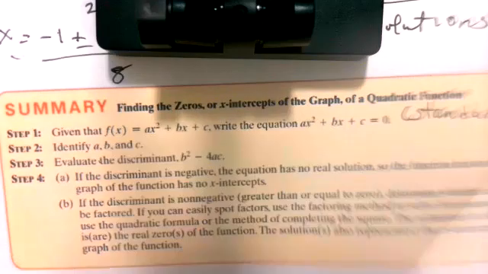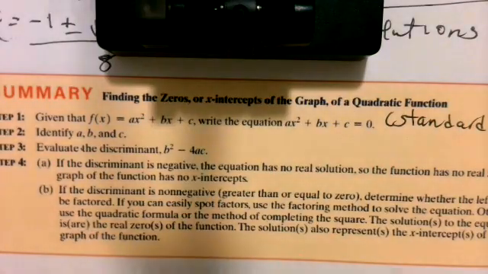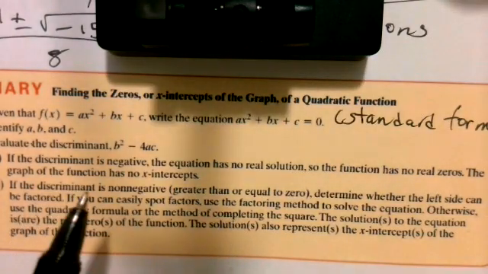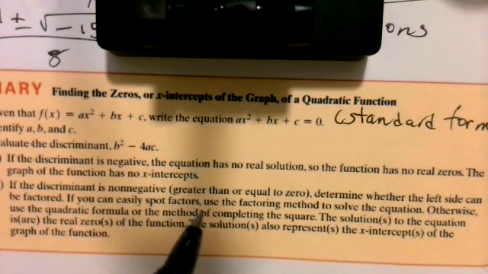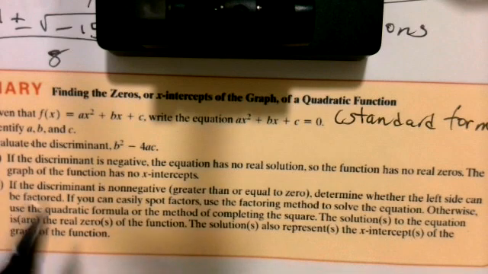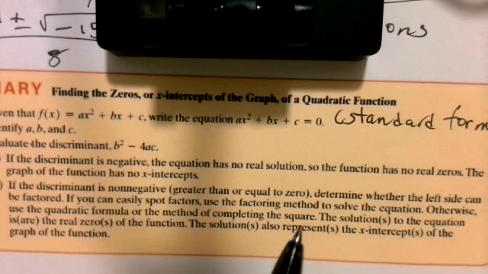If it's a hard one to factor, I would probably just go ahead and use the quadratic formula. But if it's easy to factor, then go ahead and factor it. If you can easily spot factors, use the factoring method to solve the equation. Otherwise, if it's not easy to factor, use the quadratic formula or completing the square.